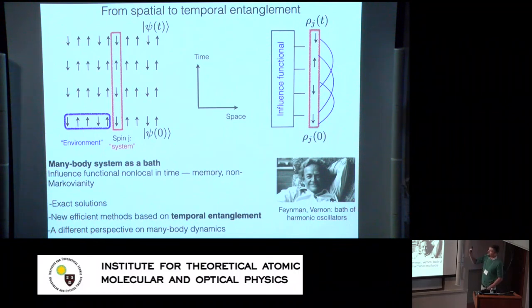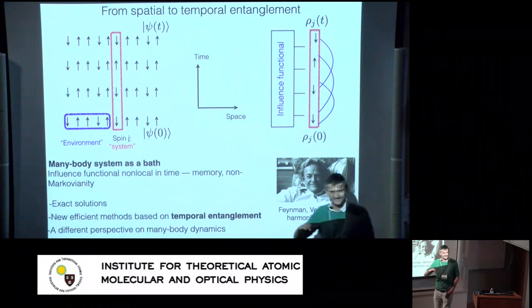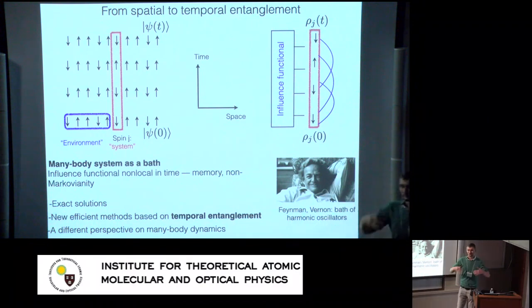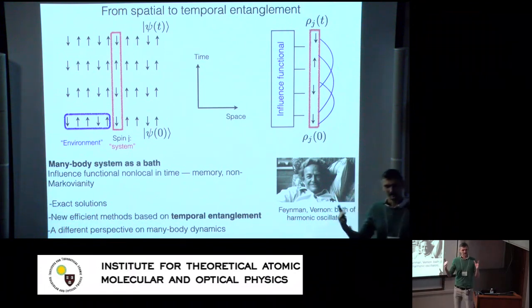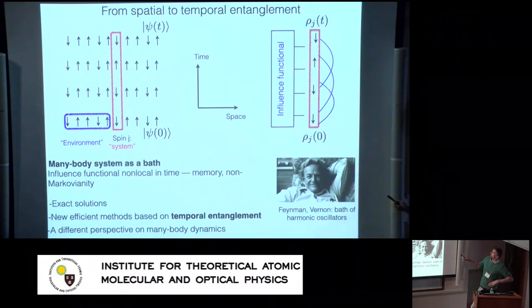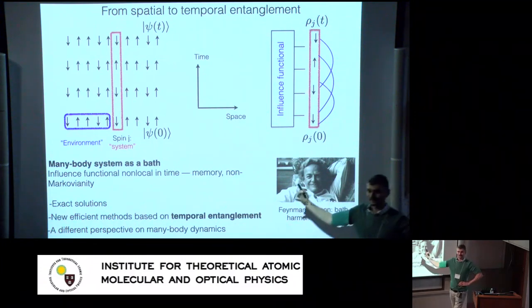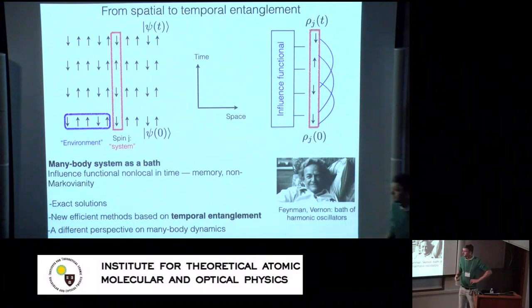And just changing your view from spatial to temporal, if you wish, actually gives you quite a bit of mileage. So we will see that there are some exact solutions, and then this gives us another set of phenomena where we can have efficient description based on temporal entanglement and low temporal correlations as opposed to spatial.